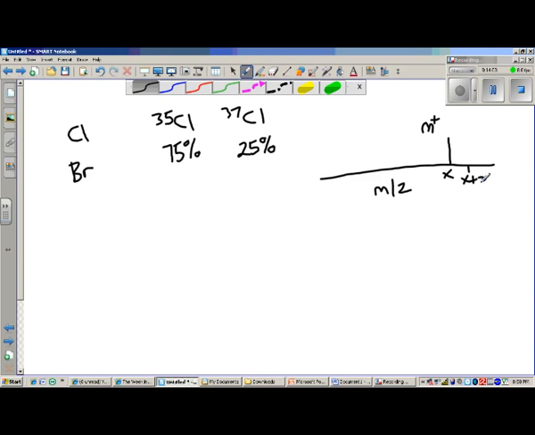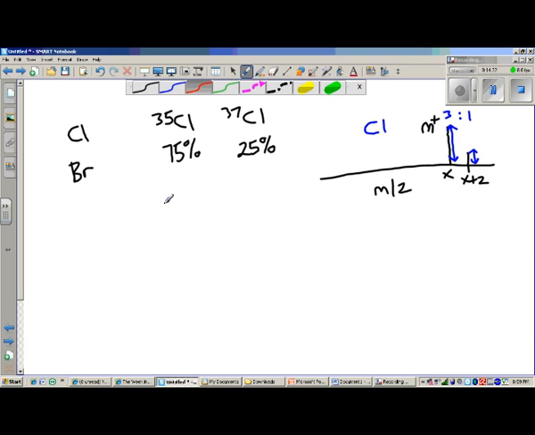We have another peak here that's in a ratio of approximately 3 to 1. So when you look at the size of these two and you see the ratios are approximately 3 to 1, that's a very good bet that your molecule has chlorine.